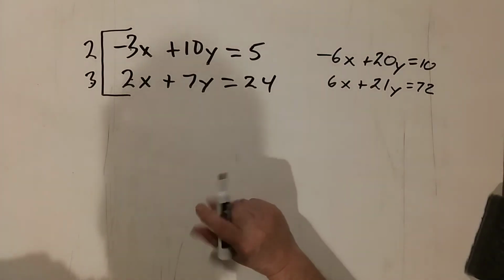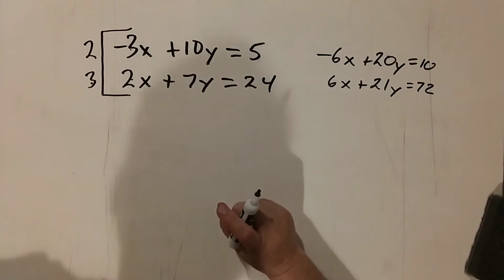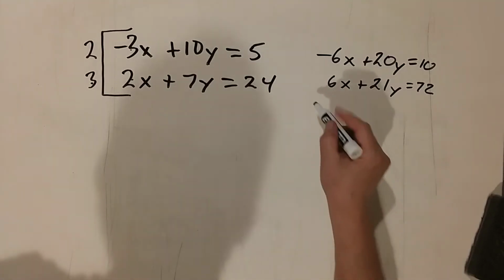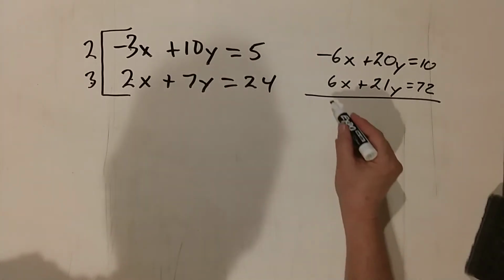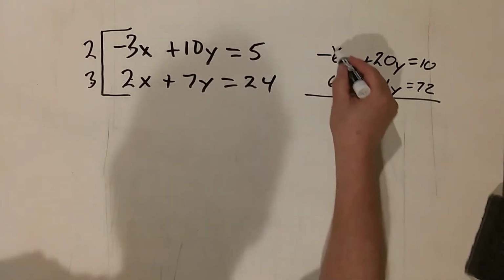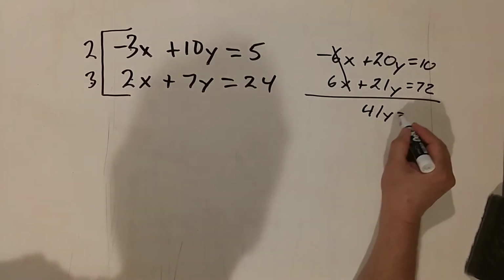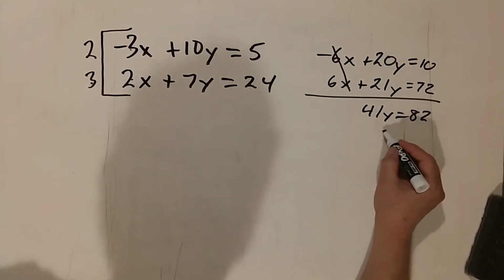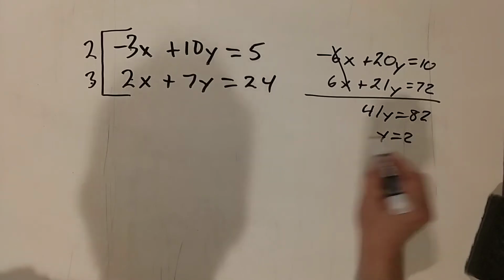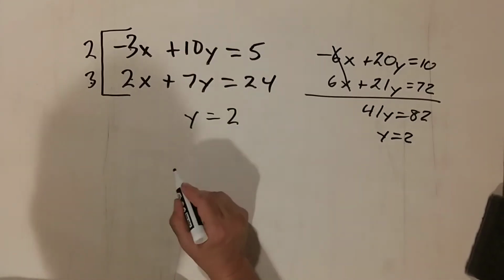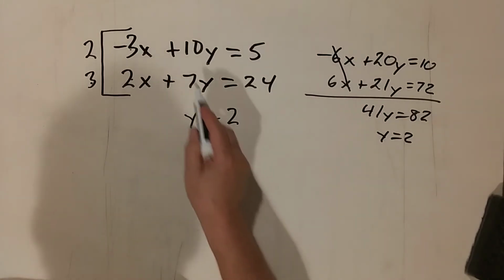One of the things that we can do in a system of equations is form a new equation by adding the equations together. So when we add these together, the x's cancel. I get 41y equals 82, solving y equals 2. So now I know that y equals 2. I can now plug this back into one of these equations.